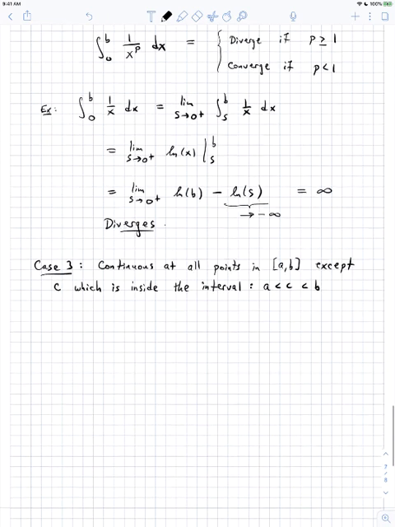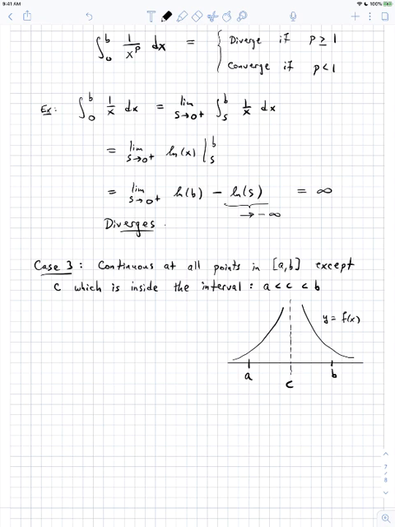So an example of that would be something that looks like this. Something like that. So let's say that this is y equals f of x, and let's say that this is A, and this is B, and C is right in the middle, or between. It just has to be between.